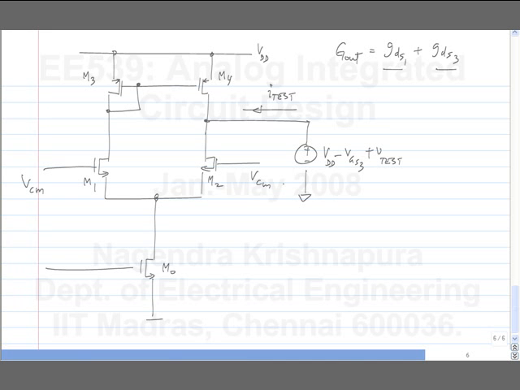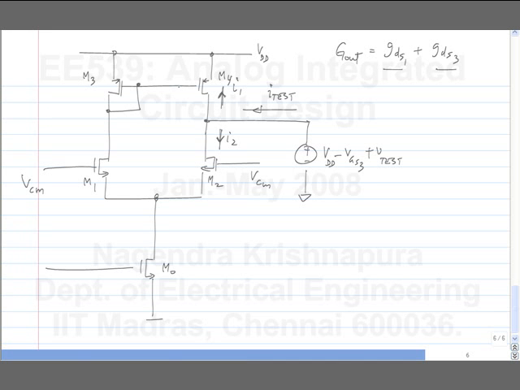So this I test you can divide into two parts, right? I1 and I2. What is the conductance contributed by I1? GDS3 or GDS4. Okay. So I assume that the circuit is symmetrical, right? I assume M1 is the same as M2 and M3 is same as M4.